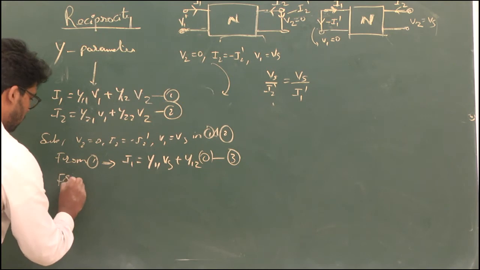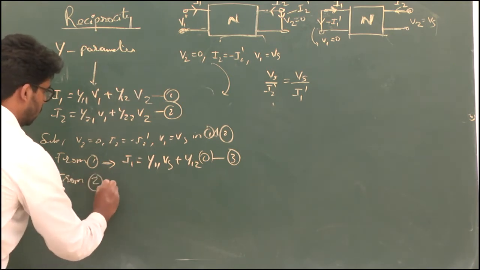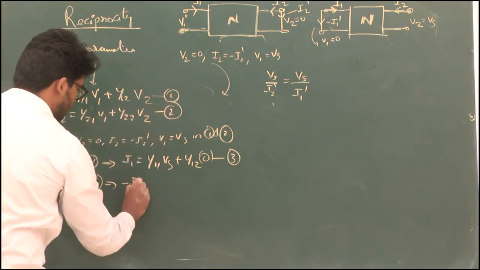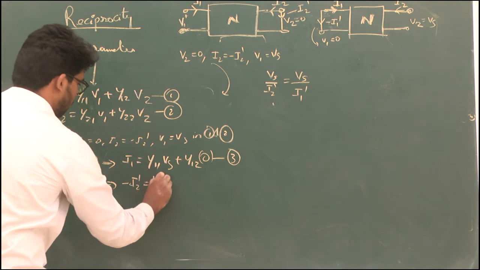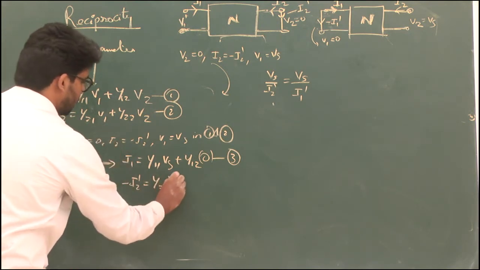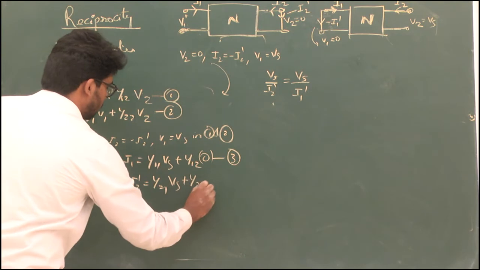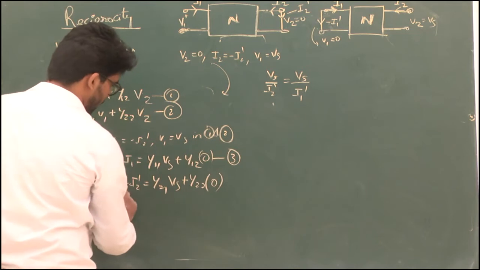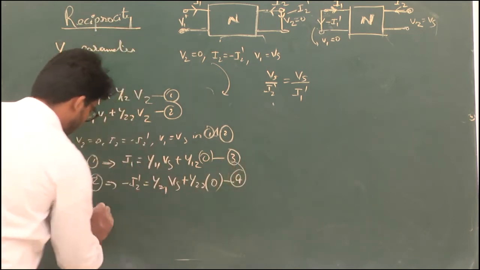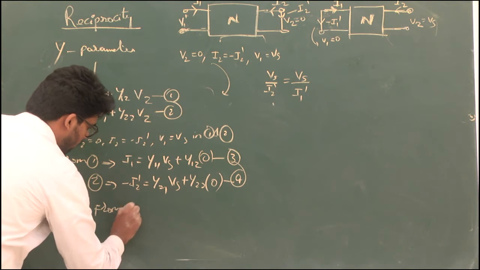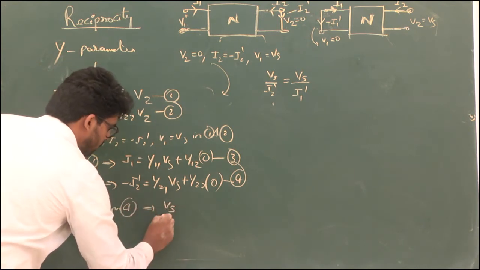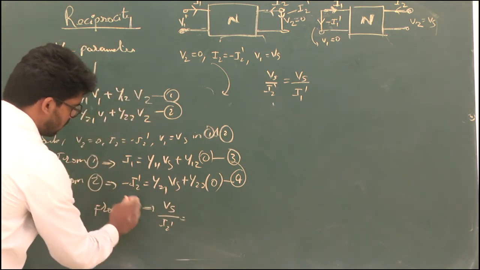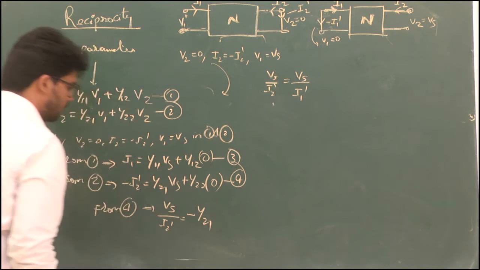Now from 2 you have I2, which is replaced as minus I2 dash, equal to y21 where v1 is replaced as vs, plus y22 where v2 is replaced as 0. So we need vs by I2 dash. From equation 4, vs by I2 dash equal to minus 1 by y21.